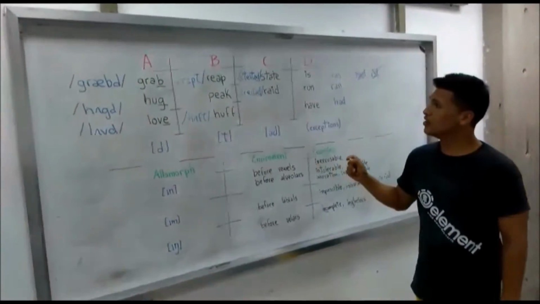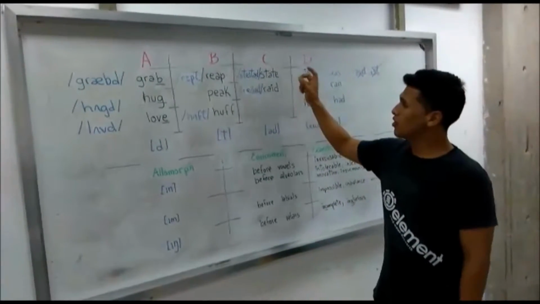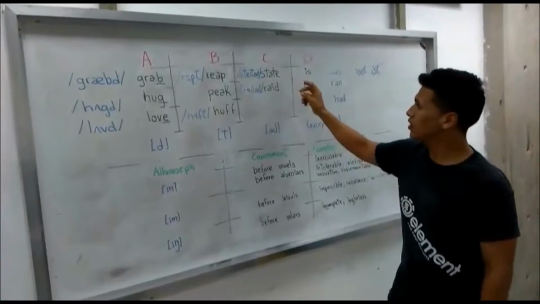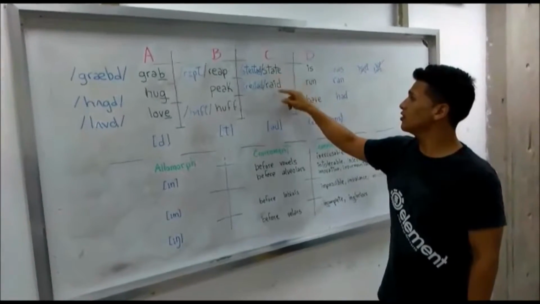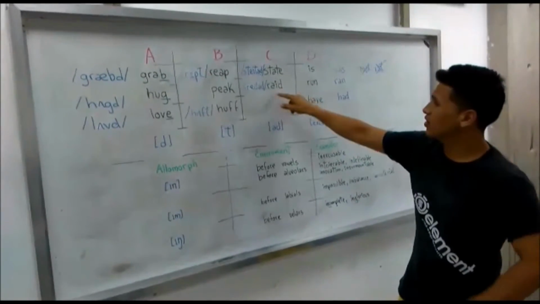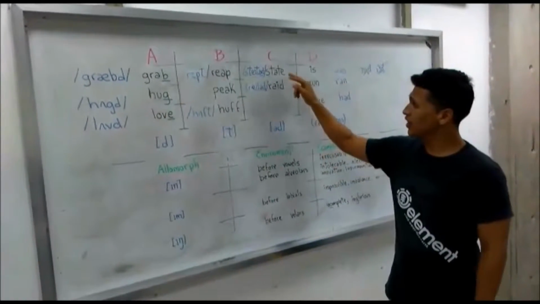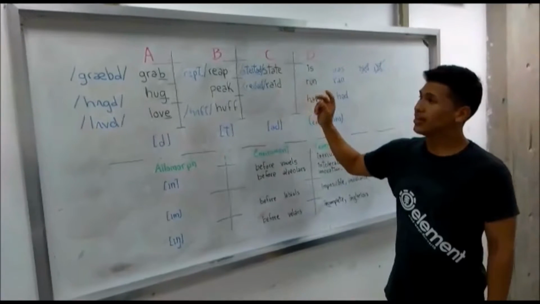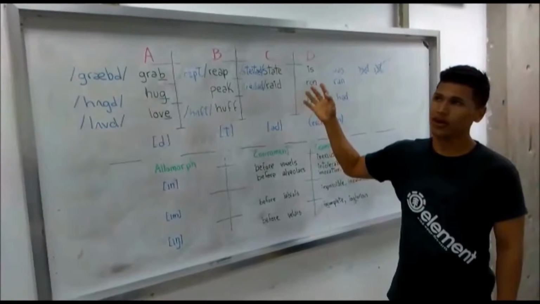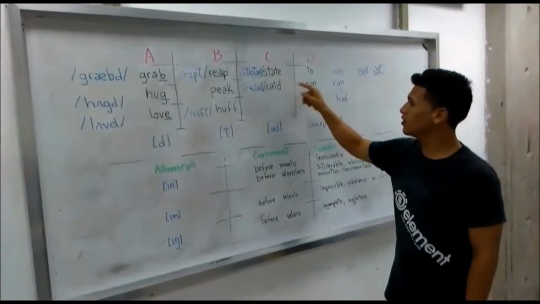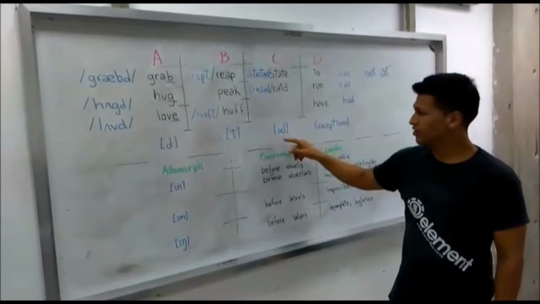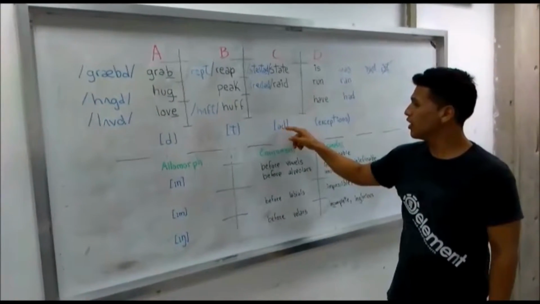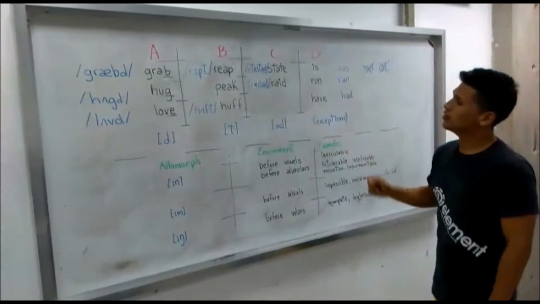In column C, we have regular verbs where the final position is the sound t or d. That's a condition, because stay and rate end in an alveolar stop, t and d, and we have to insert the sound id.